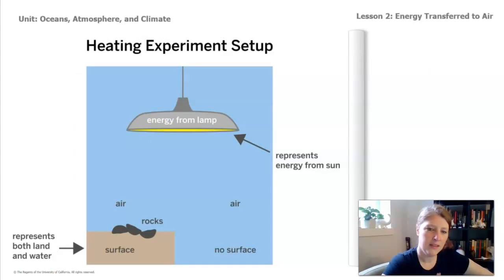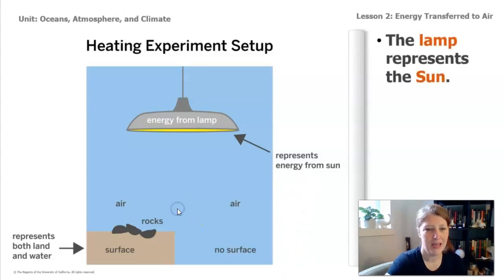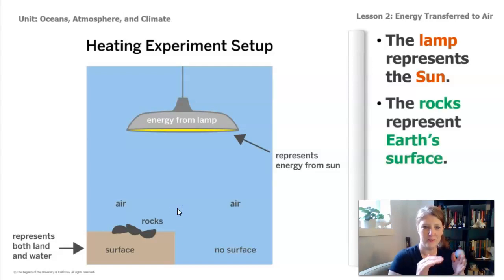So in this experiment that we're about to do, because it's a model, each of the parts of the experiment actually represents something else. So in this experiment, we have the sun, which is represented by the lamp. And when the lamp is on, that means it's daytime and the earth is receiving energy from the sun. The next thing we have is the rocks, which represent the surface of the earth, and those are set right on the edge of the table so that the lamp is hanging over.